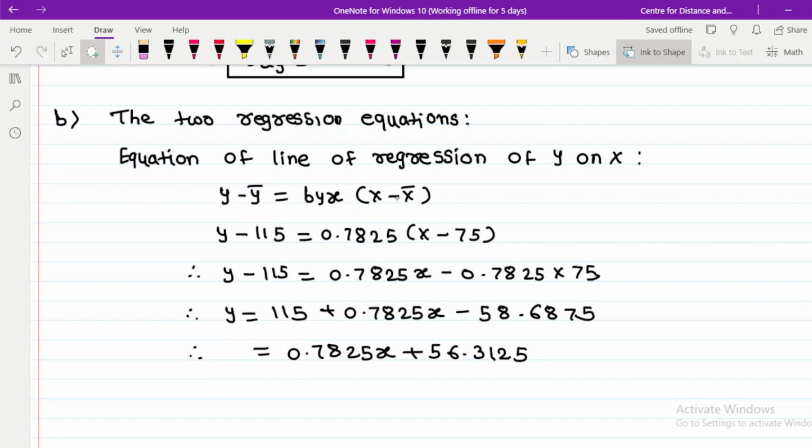That is, y is equal to 0.7825x plus 56.3125, the equation of the line of regression of y on x.